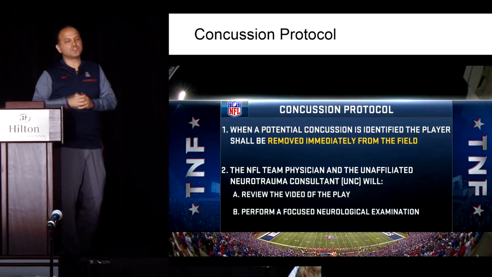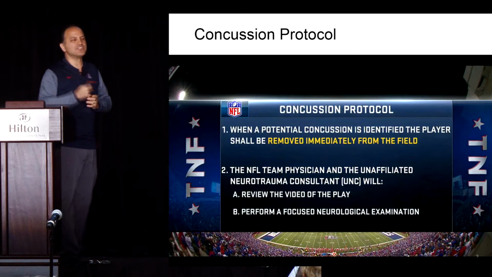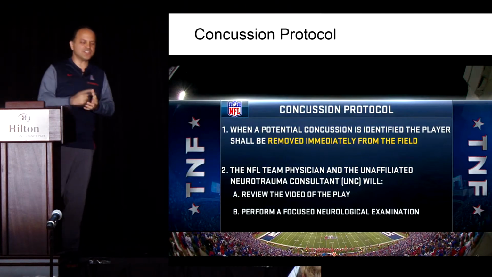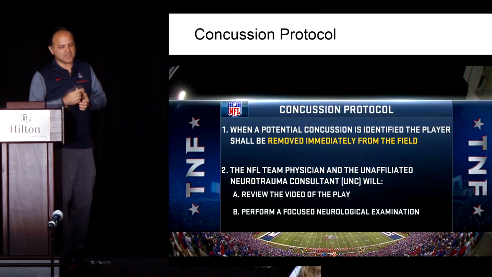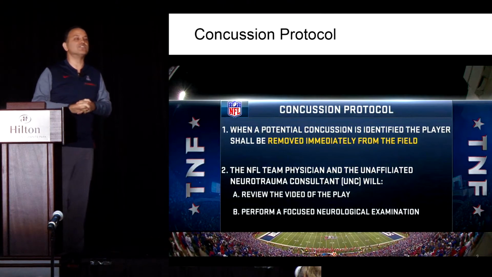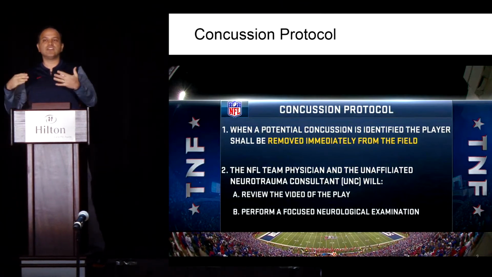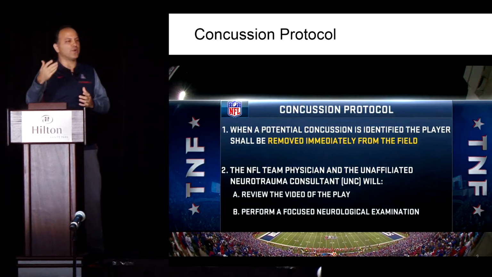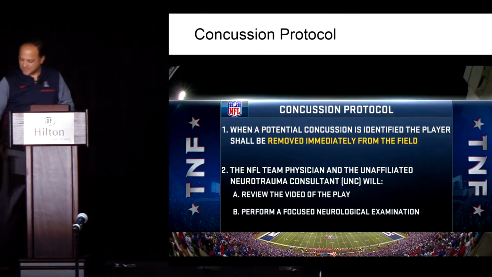Then there are two physicians who make the judgment about whether you should stay or not. The team physician for one of the teams, and then an independent person called the unaffiliated neurotrauma consultant. This is a person who doesn't work for either of the teams, but is able to make a judgment about whether the player got a concussion or not.